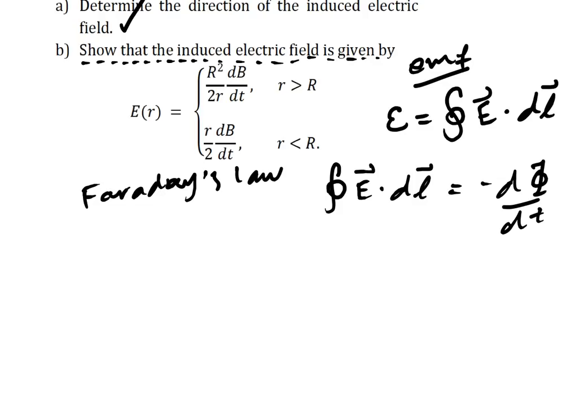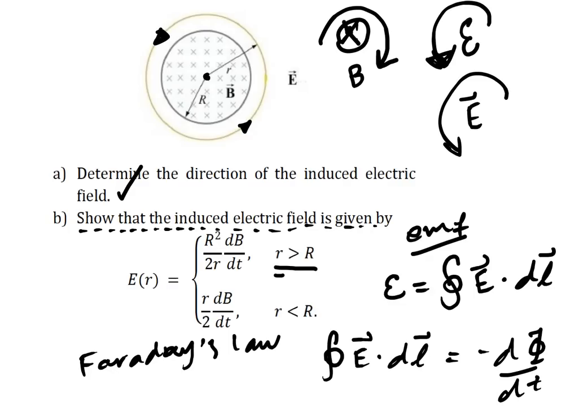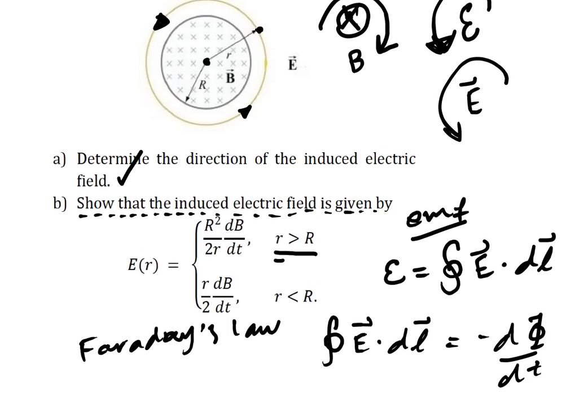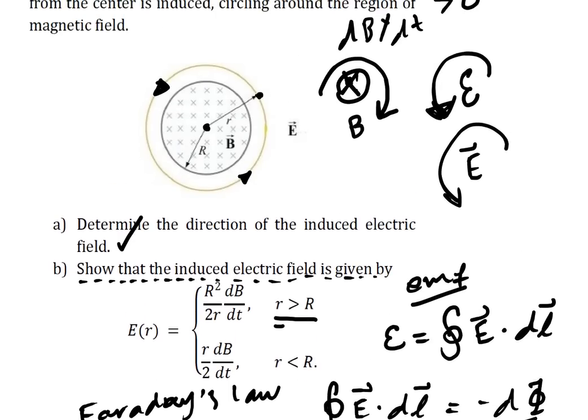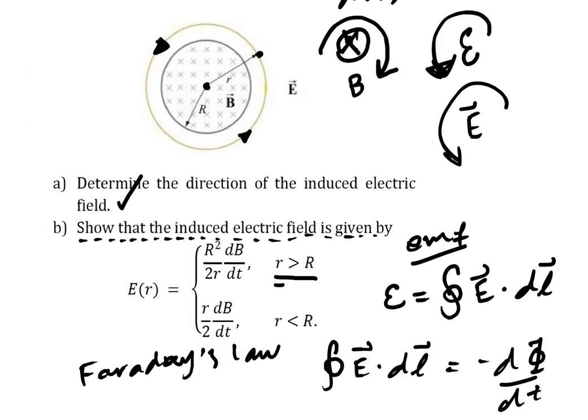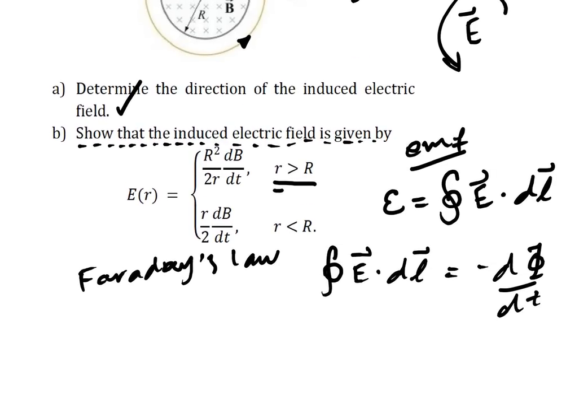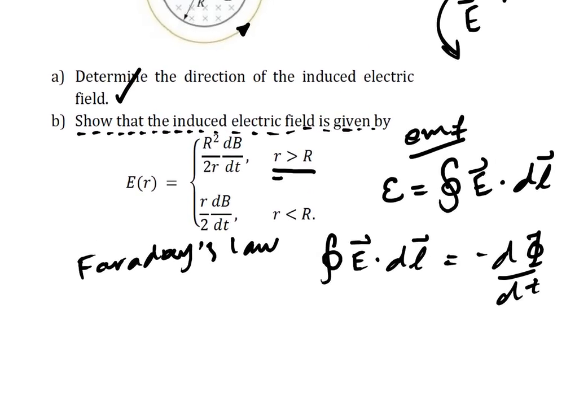In the case of the electric field outside the circular region, this is the case of r larger than the radius.